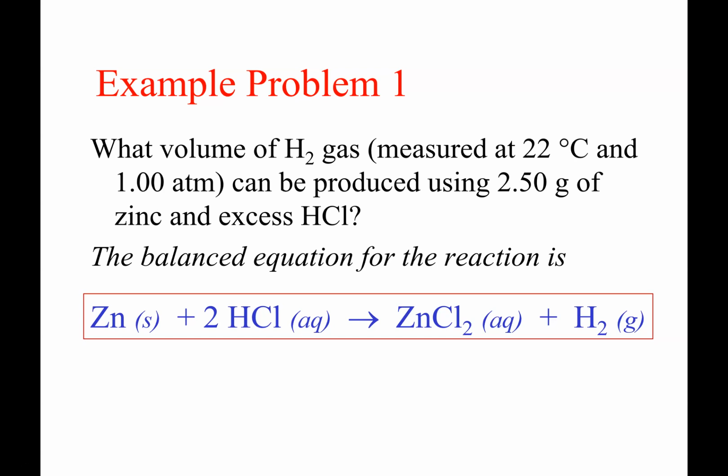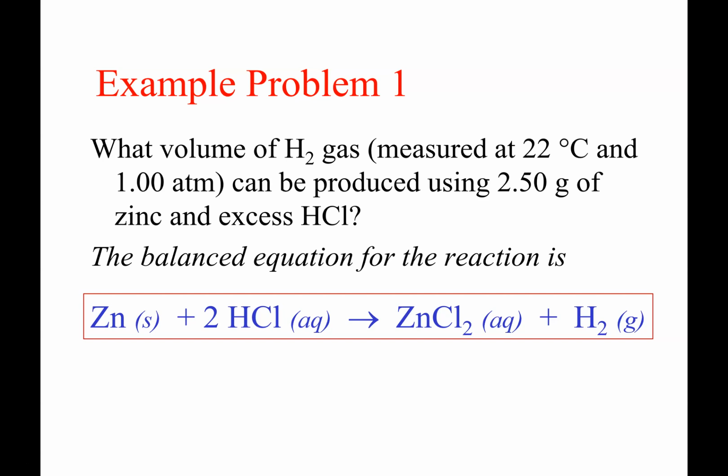So what are we given? It says, what is the volume of H2 gas? So I'm going to say V is equal to question mark. Notice that it gives me the temperature of the gas. T is equal to 22 degrees Celsius. I may not need to use it, but I'm going to jot it down. The pressure of the gas is 1.00 atmospheres.